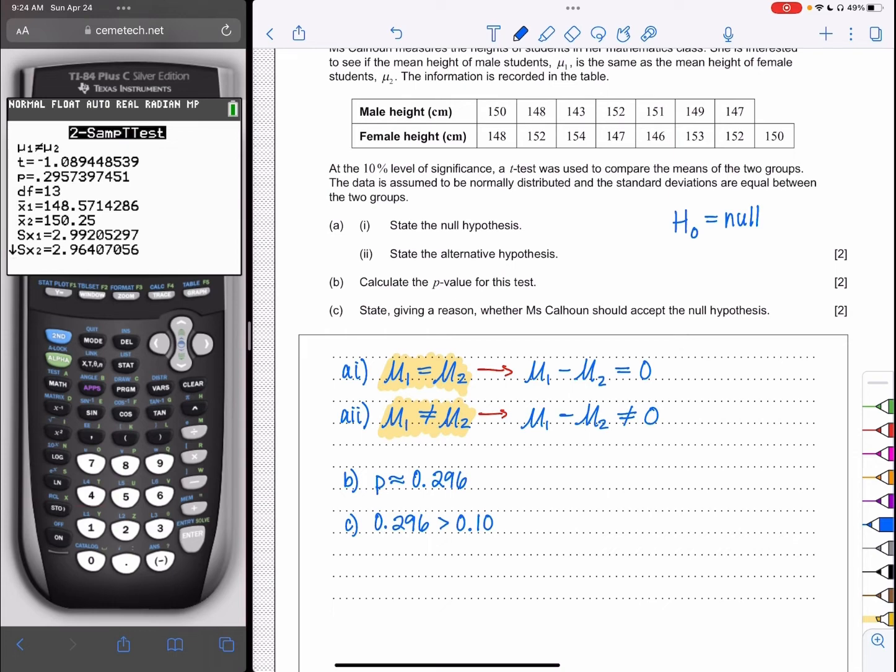All right, so we're going to accept the null.